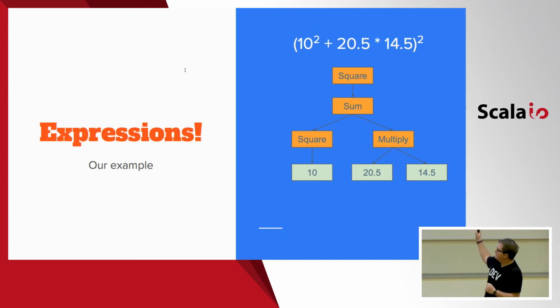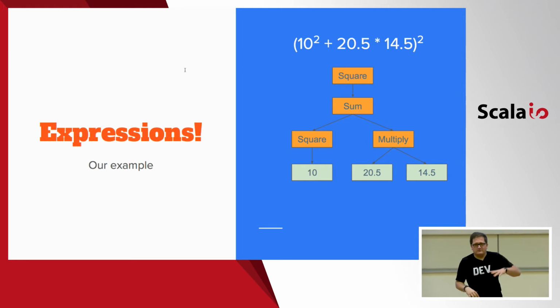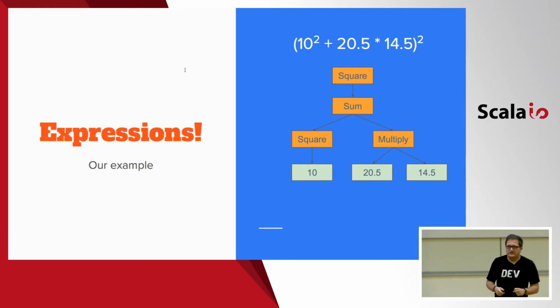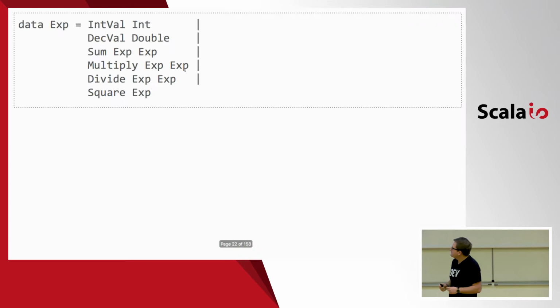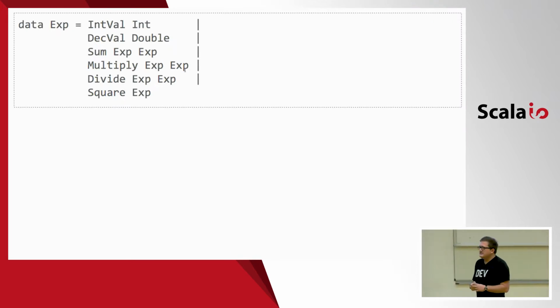We start with our root, which is square, then there's sum, and the elements of the sum are one more square and a multiplication. At the very bottom, at the level of the leaves, are your values, like 10 or 20 and a half, and so on. Now, this is how we would describe this structure in Haskell, and this is just everything we said a moment ago about what an expression is.